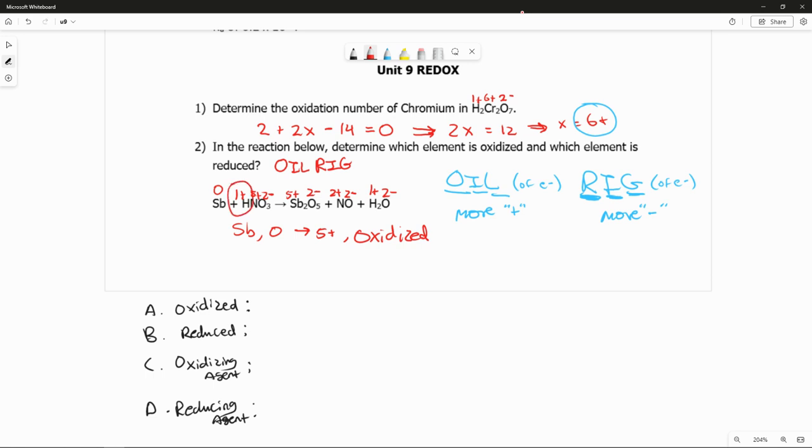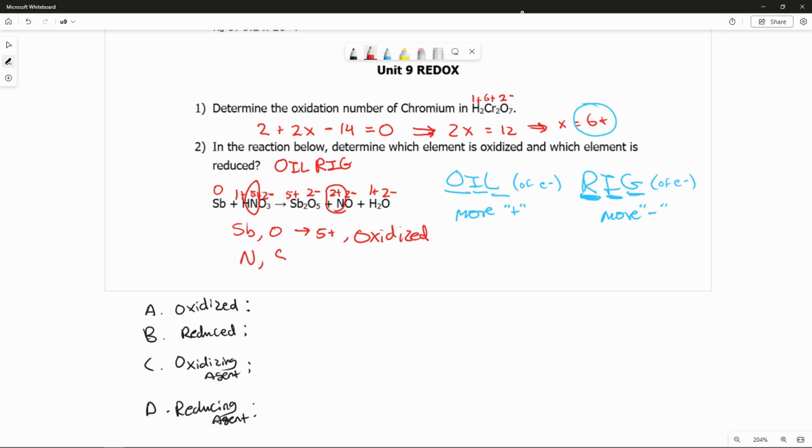So now we know Sb. Let's take a look at hydrogen here. Hydrogen still has an oxidation number of 1 on the reactant side and 1 on the product side. Therefore, we can completely ignore hydrogen when looking at our oxidized or reduced elements. All right, next, let's take a look at N. N has a charge of 5 plus, right here. The N here has a charge of 2 plus.